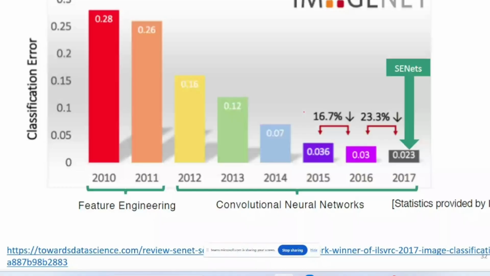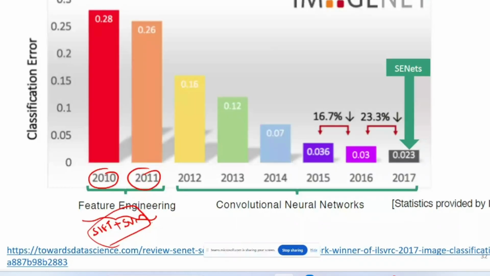Until 2010 and 2011, these two were feature engineering, meaning a machine learning algorithm plus extracted features. What type of features did they use? As I said, one local feature representation is scale invariant feature representation, called SIFT. And the machine learning algorithm was the support vector machine classifier. They applied this technique on the ImageNet database.